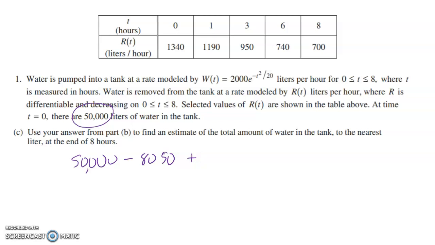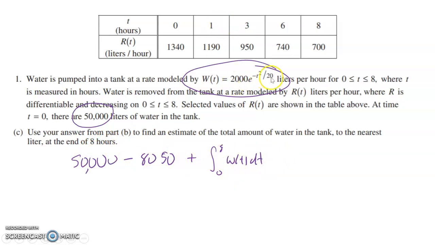Well, what information here, using my calculator, stuff that we talked about earlier today, how could I do it? What information here would help me? This is the in rate, remember? So if I integrate the in rate from 0 to 8 of W of t dt, then that'll give me the amount that came in. So I got starting amount minus amount removed plus amount that came in.